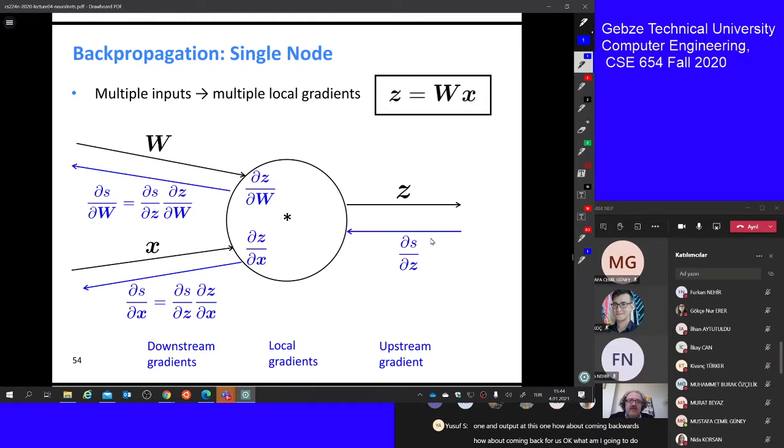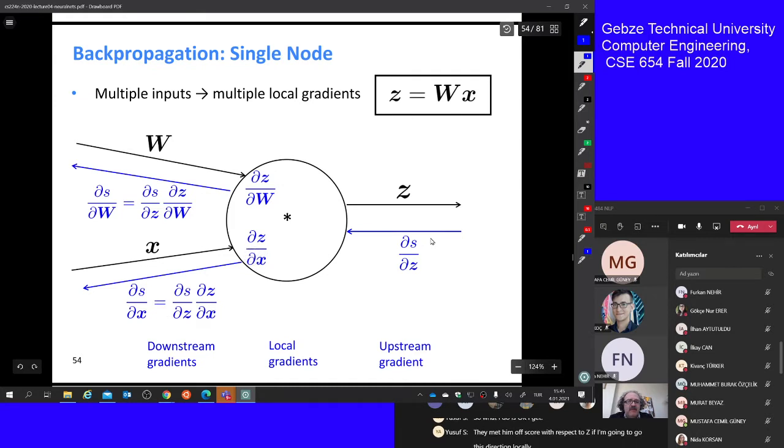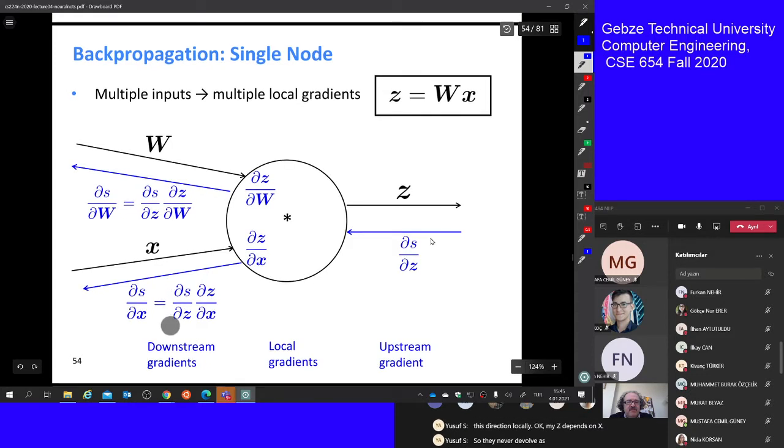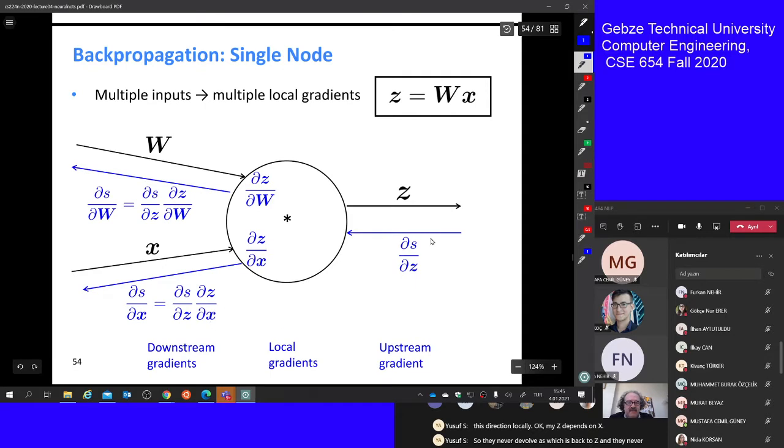I get the derivative of the score with respect to z. If I go in this direction locally, my z depends on x. So the derivative of s with respect to z and the derivative of z with respect to x, this is what I'm going to calculate.